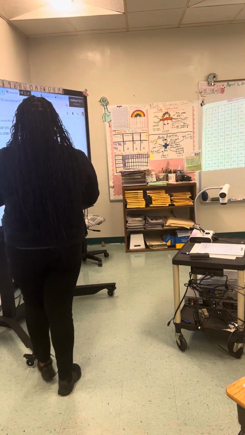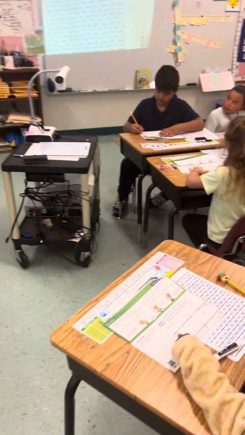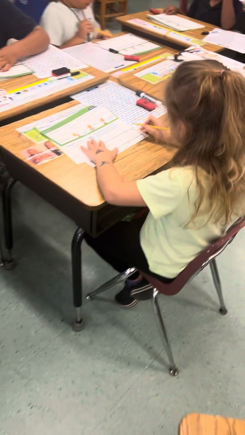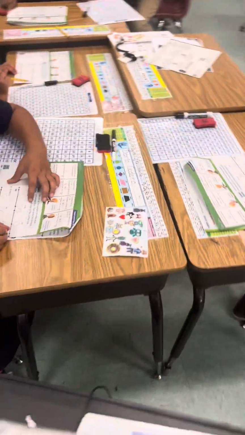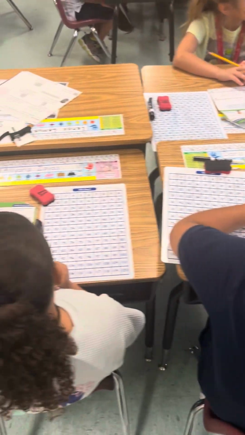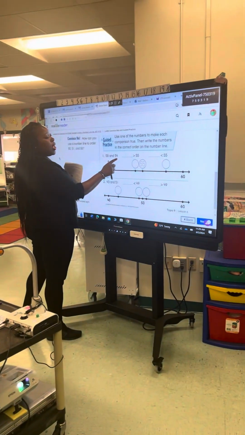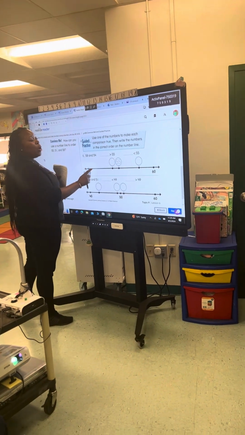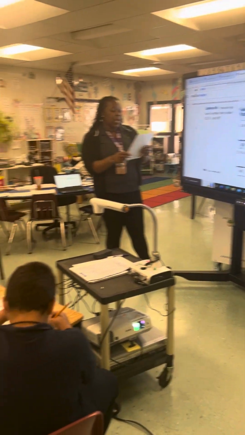Then move your finger all the way to the end of the number line. You will be at number what? 60. Now they want you to write the numbers in order. So we have to think about where the numbers 58, 54, and 55 will be plotted on the number line. That's what we have to think about.